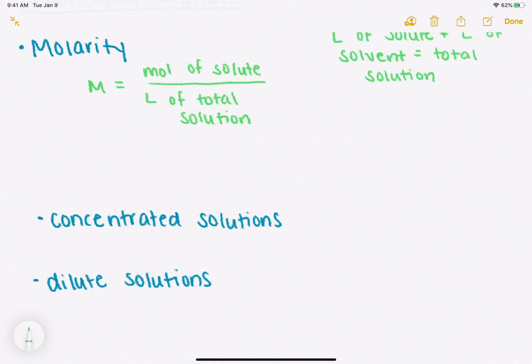Solutions can be categorized as either concentrated or dilute. So what is the difference between these two? A concentrated solution has a large amount of solute, meaning it's going to have a high molarity.